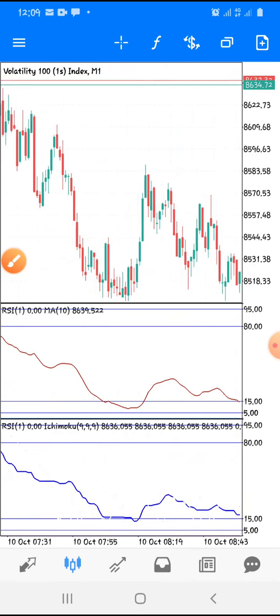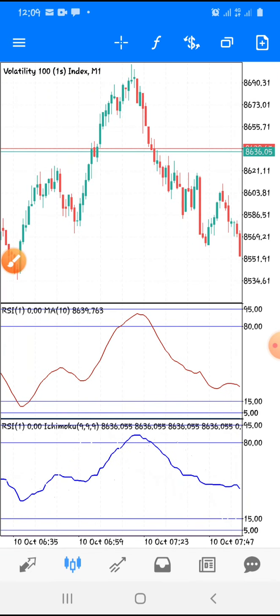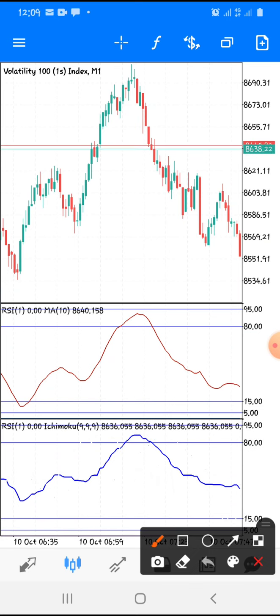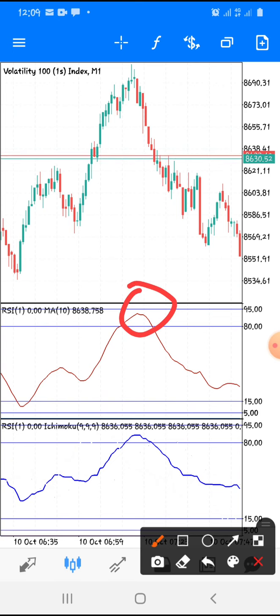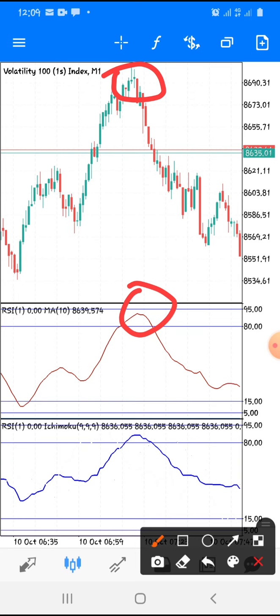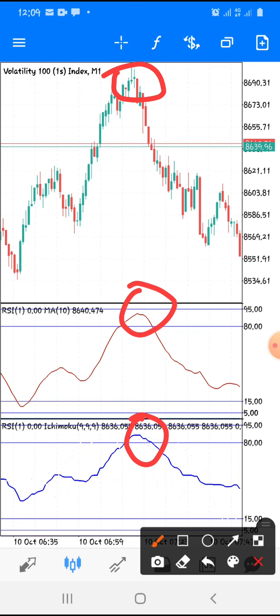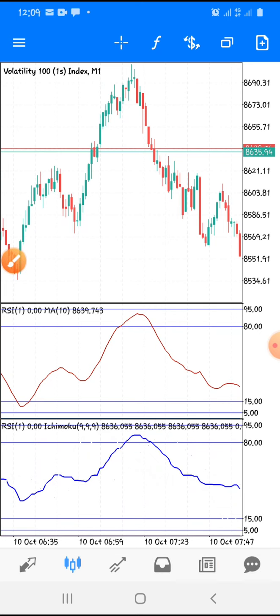If we go backward, the same thing is happening here. The moving average was in between 80 and 95. Then somebody will be taking a sell here, and also the Ichimoku was in between 80 and 95. You see the market is following the trend. So guys, this is going to be helpful.